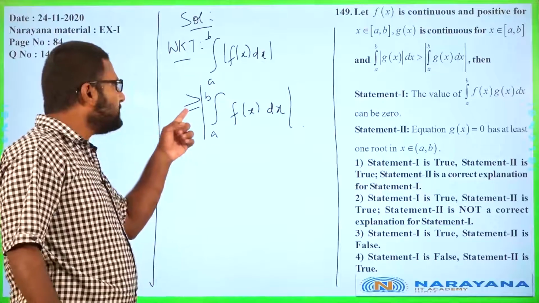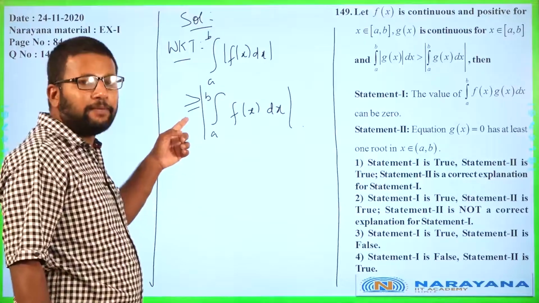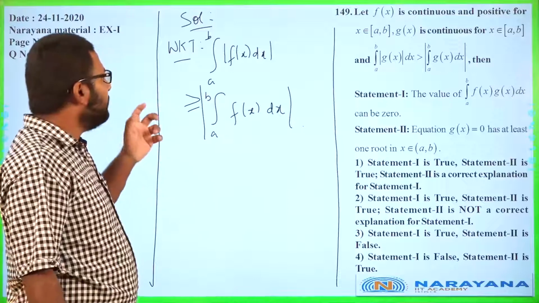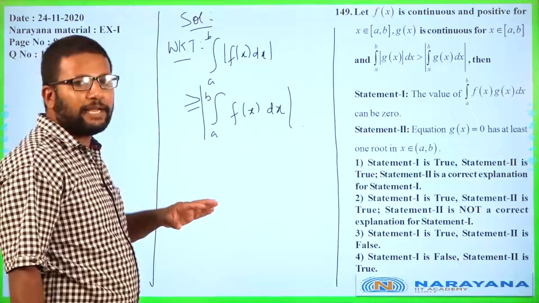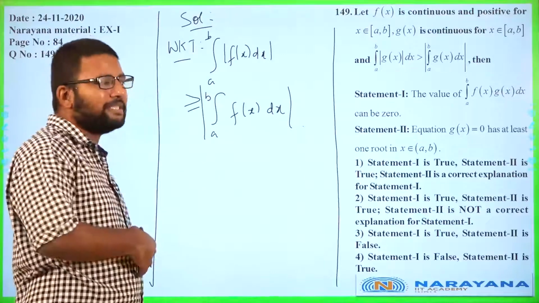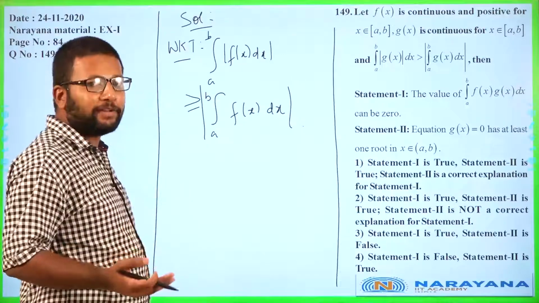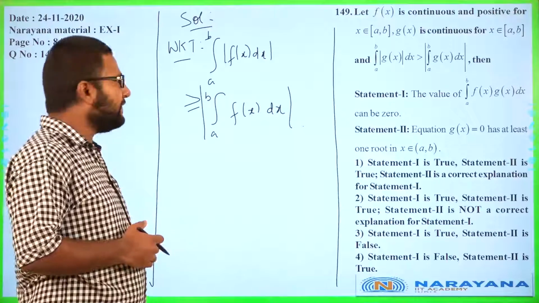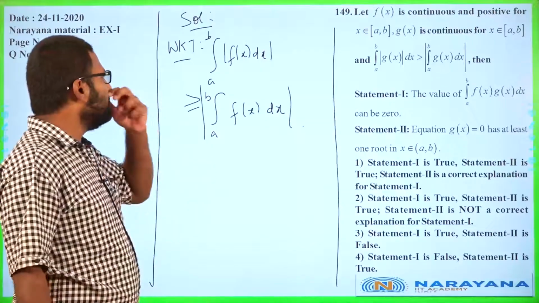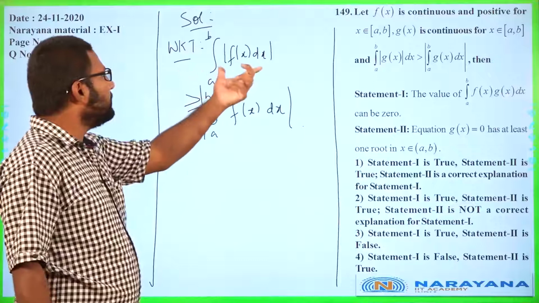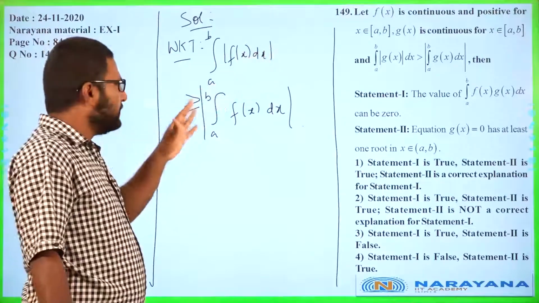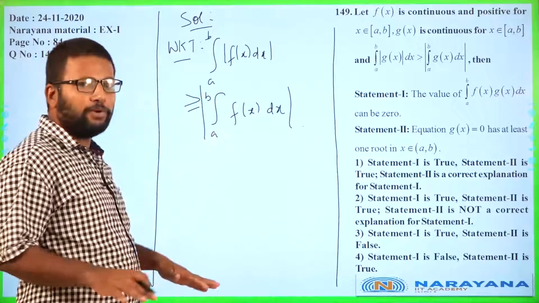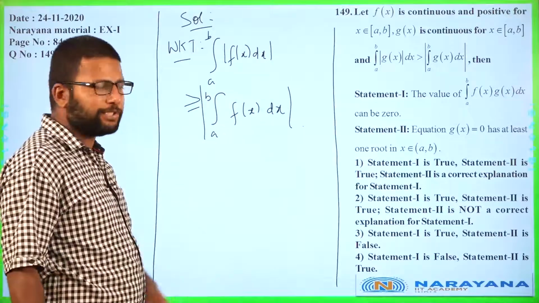Then ask, when is equality valid? Equality is valid whenever f(x) doesn't change sign at all, which means whenever f(x) is completely positive or completely negative. Because think about this, if f(x) is completely positive, then we can ignore the mod in the integral. Similarly, this mod also can be ignored because f(x) is completely positive.